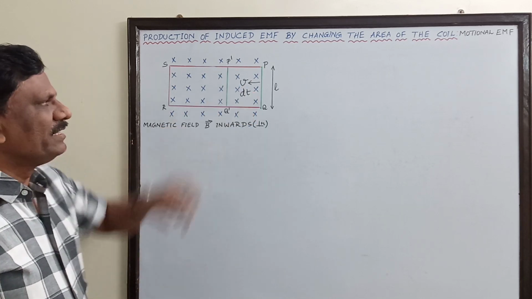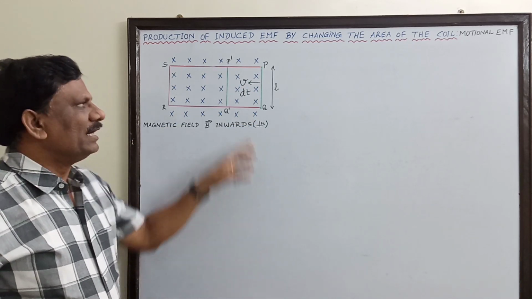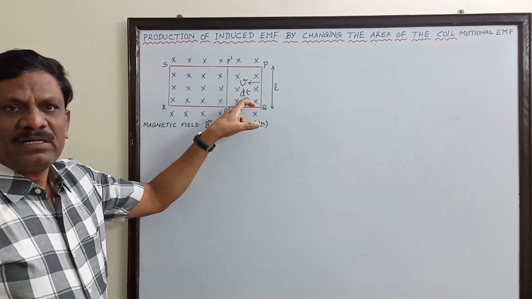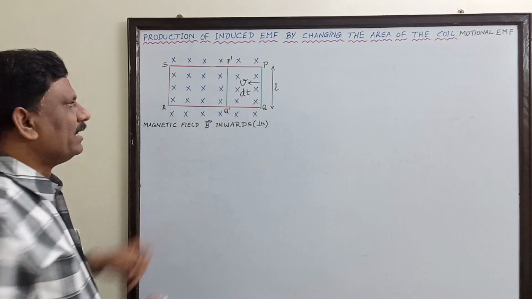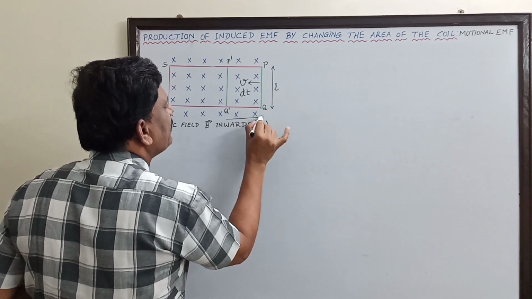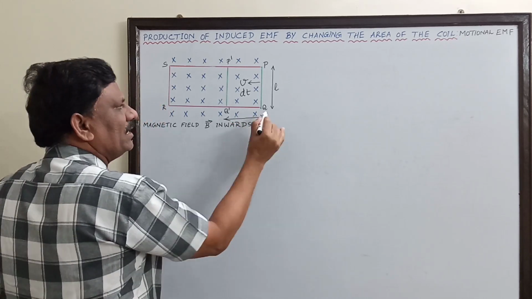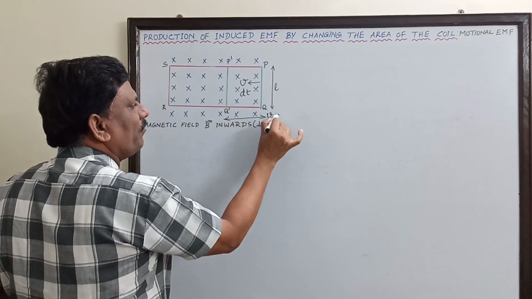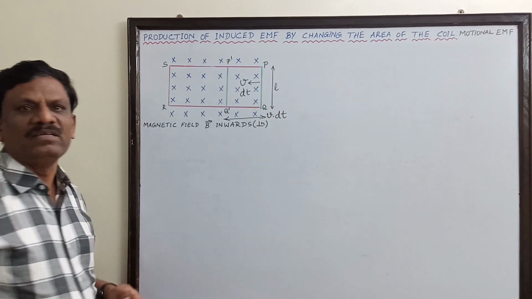When this velocity is constant and it is moved for a time dt, how much will be the distance from Q to Q dash? This distance Q to Q dash must be equal to V into dt.